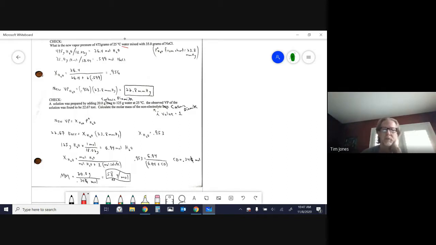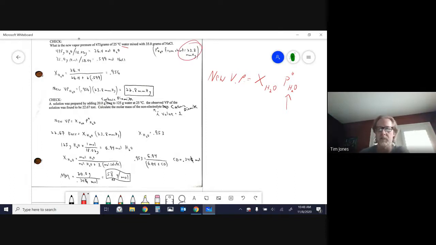Well, the equation is that the new vapor pressure is going to be the mole fraction of water times the normal vapor pressure of water. So what I need to do is look this up, and I did already on page 20, it's 23.8.